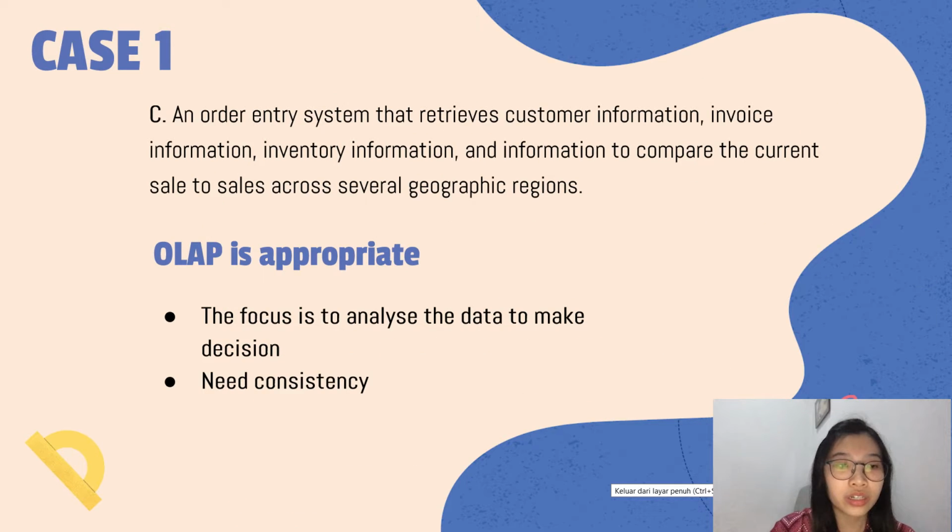Next, for point C, an order entry system that retrieves customer information, invoice information, inventory information, and information to compare the current sale to sales across several geographic regions.